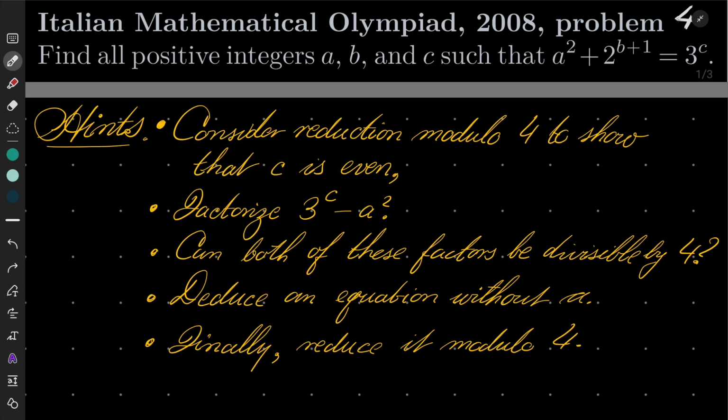From there you should be able to find a simpler equation without variable a, and finally reduce this simpler equation modulo 4 again. So two reductions modulo 4 will be going on. So give this problem a try and I will see you in a minute.